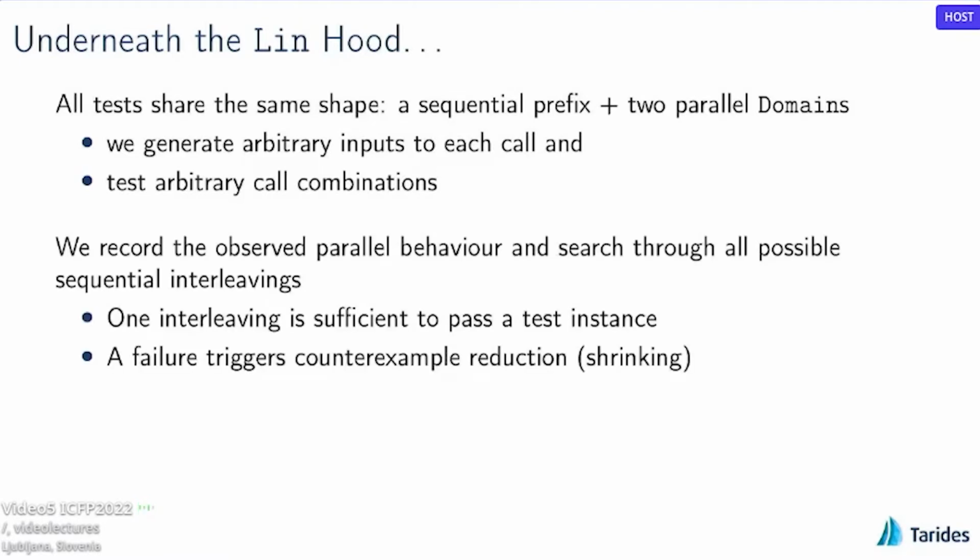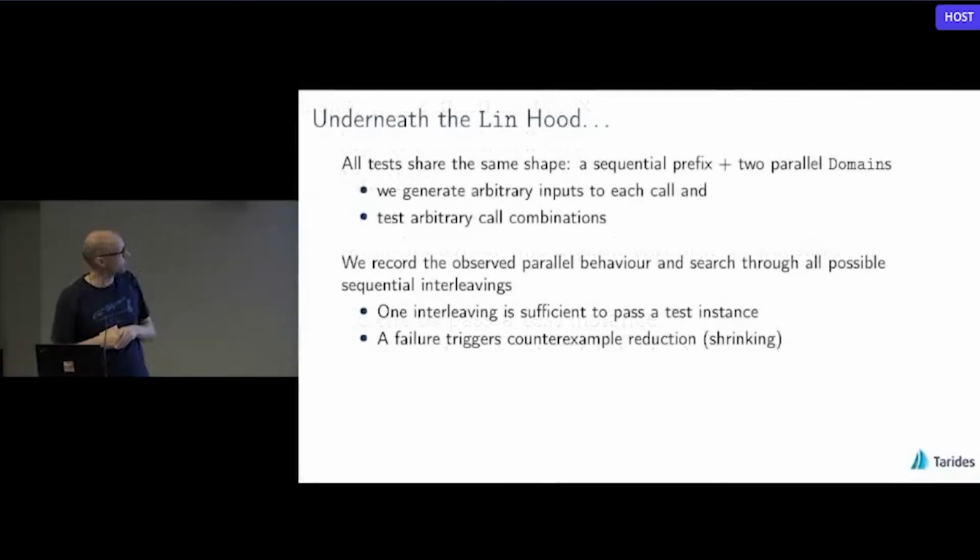As I explained for the example, we record the results we observe from the parallel behavior, from the parallel interpretation. And then secondly, we perform this search through all possible sequential interleavings. It's enough if we just find one sequential interleaving that confirms the behavior.